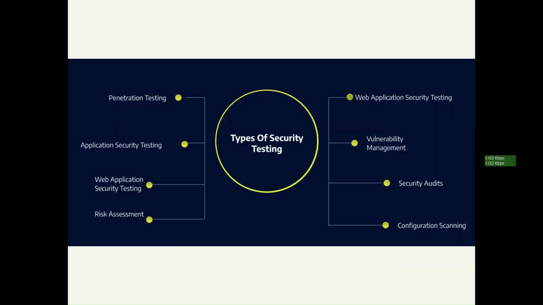Next is security testing. Security testing means checking whether this application is secured or not. All these applications are secured, like HDFC, MakeMyTrip, RedBus, Amazon, Flipkart, all need security. Data should be secured. Application should be secured. Application should not be hacked.